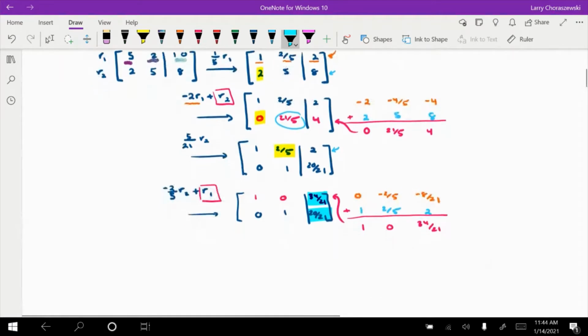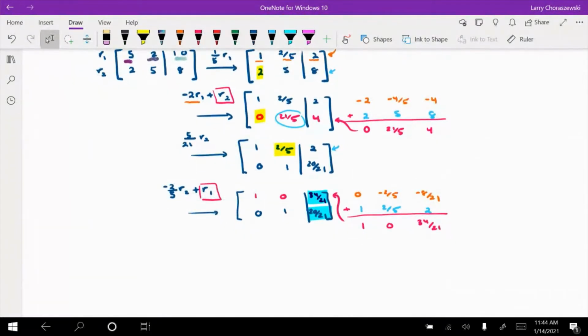Yes, sir. So how can we infer from the matrix that these are values for x and y? Well, keep in mind that the first column's numbers correspond to coefficients of x, and the second column's numbers correspond to the coefficients of y.